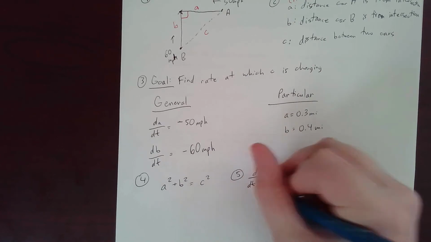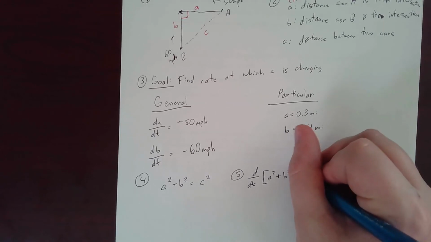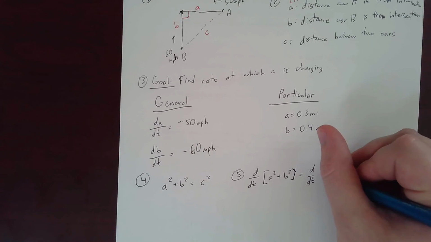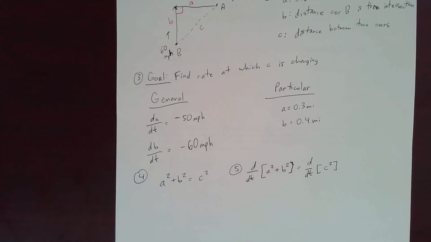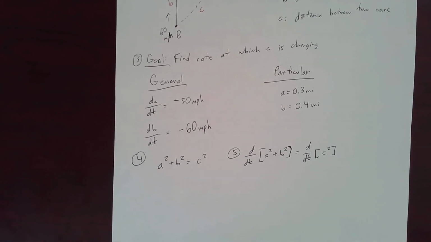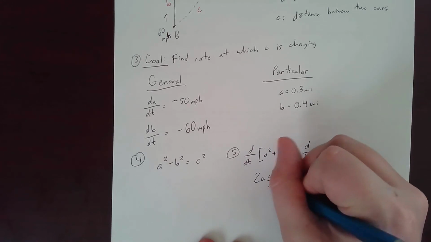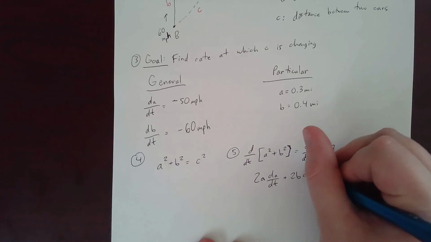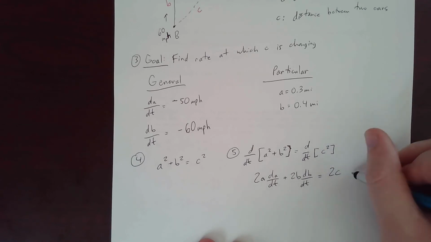So we want the derivative with respect to time of a squared plus b squared, and we want to set that equal to the derivative with respect to time of c squared. So again, we want to use the chain rule, and so we'll get 2a da/dt plus 2b db/dt equals 2c dc/dt.